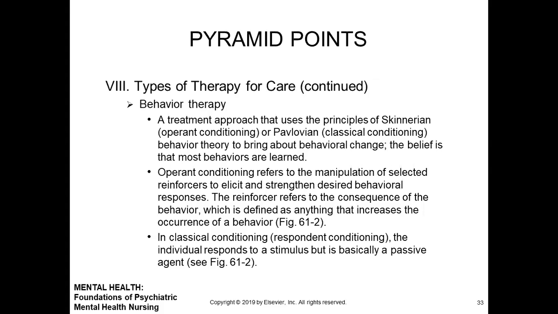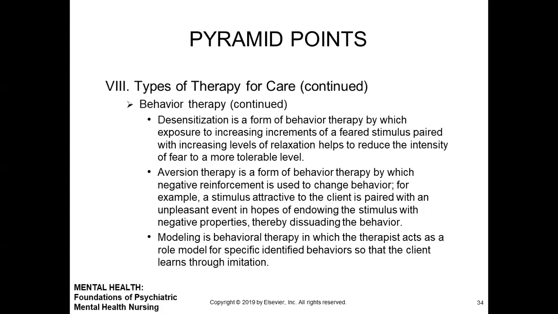But operant conditioning refers to the manipulation of the selected reinforcer to elicit and strengthen the desired behavior response, which is defined as anything that increases the occurrence of behavior, right?